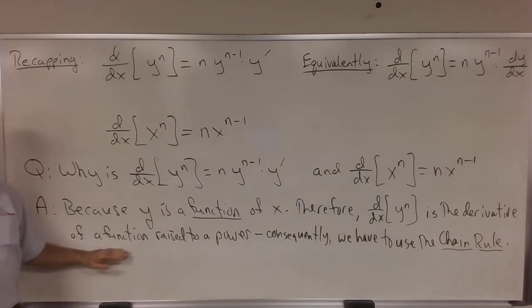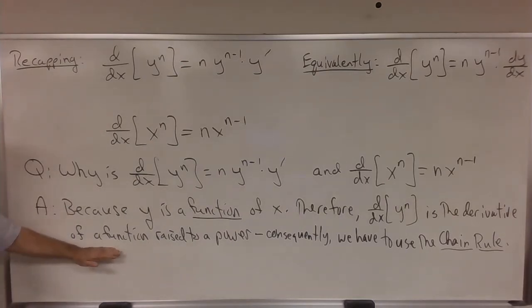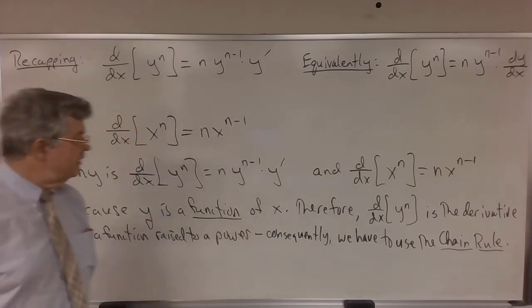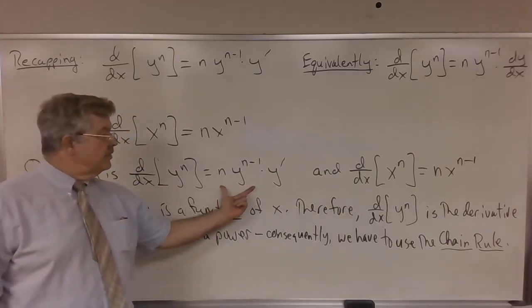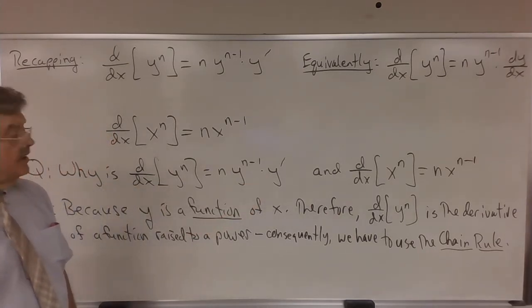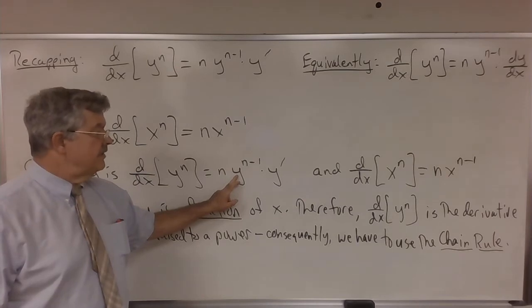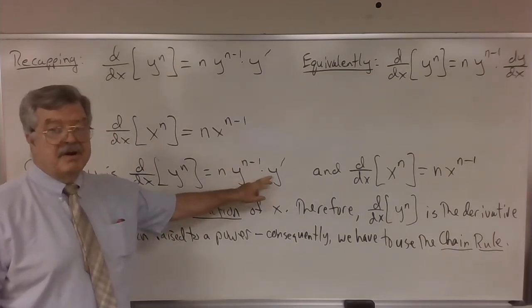So this is a pretty good answer. y is a function of x. Therefore, the derivative of y to the n is the derivative of a function raised to a power. And consequently, we have to use the chain rule. Power rule as usual times derivative of the inner. Or derivative of the outer, n something to the n minus 1, evaluated at the inner, y, times y prime.